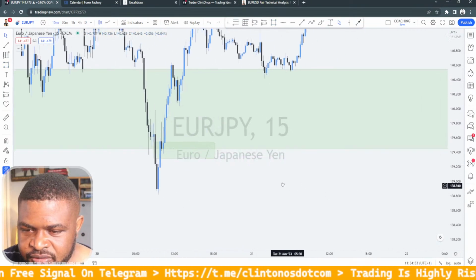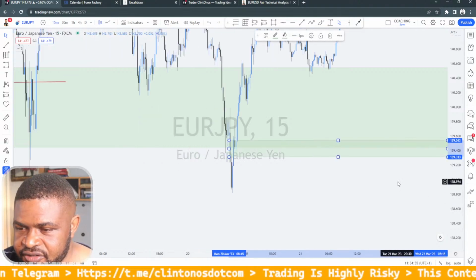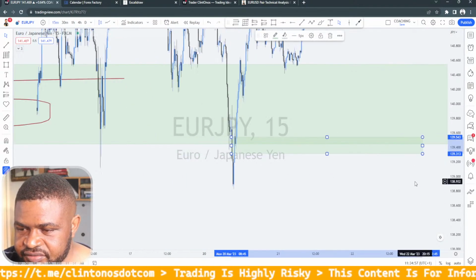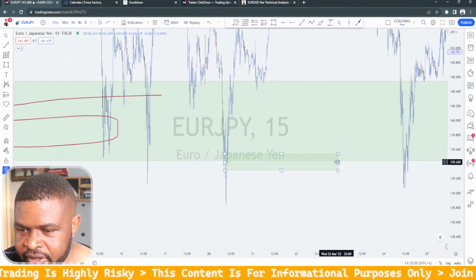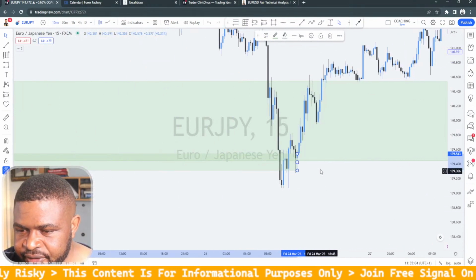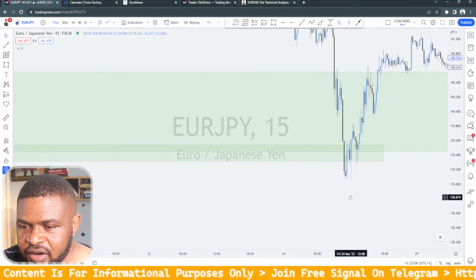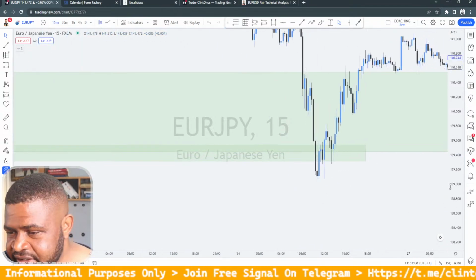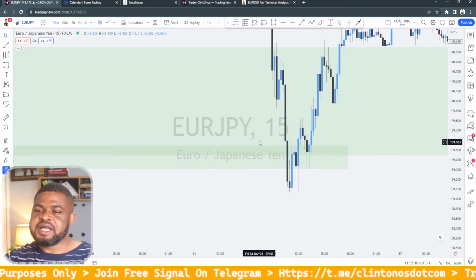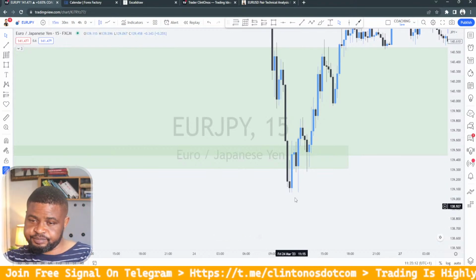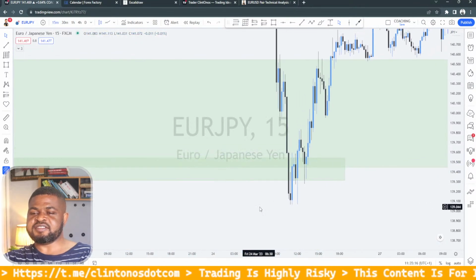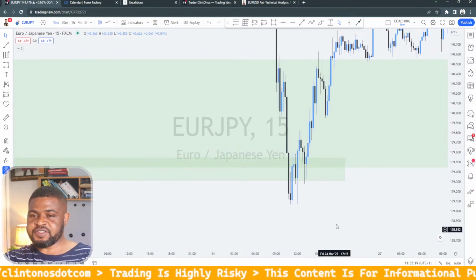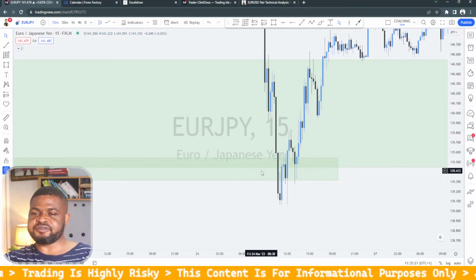That's what I thought, but I felt, because I've seen many times that when this gap is totally filled, price might likely go down. But what I failed to realize here was, after the gap was filled, price returned and the gap is holding again. It's still holding, but I failed to realize that.